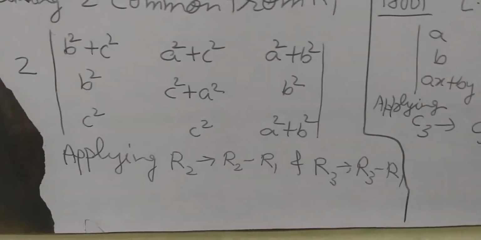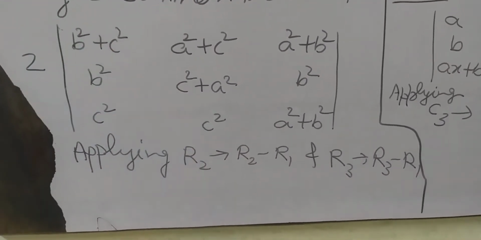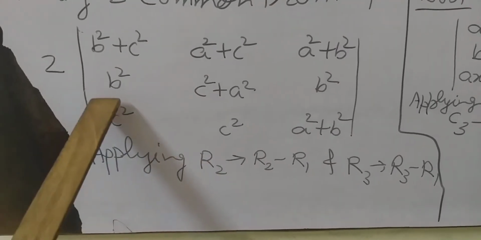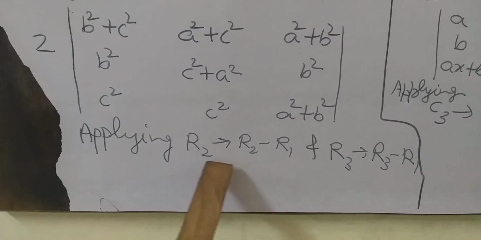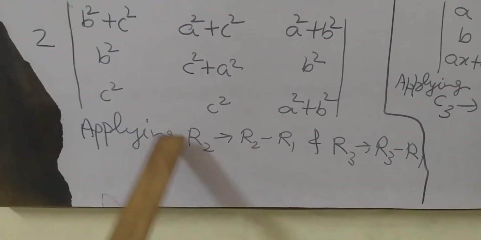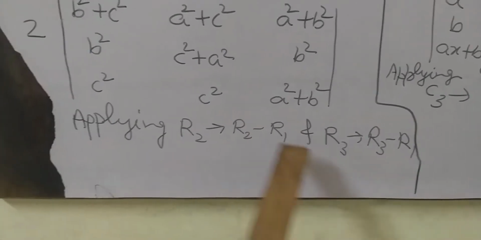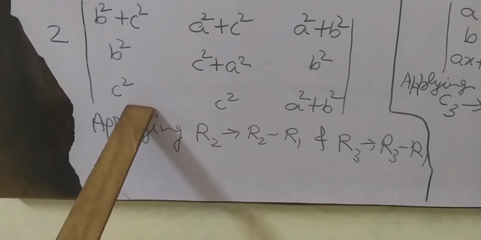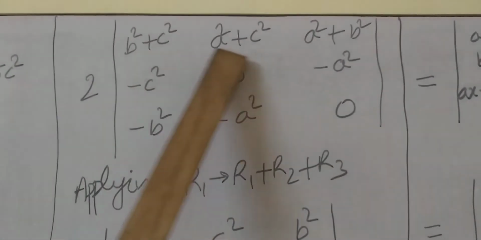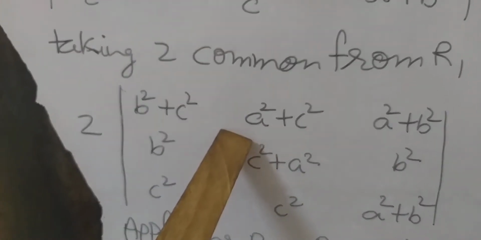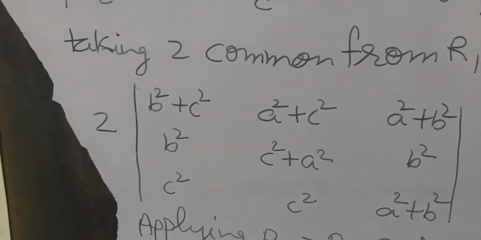Okay, students. So to get 0, I am going to subtract R1 from R2: R2 tends to R2 minus R1 and R3 tends to R3 minus R1. When we do this, R1 will remain as it is. What is left here, students? Let's check. B square minus B square minus C square: B square cancels, minus C square is left.